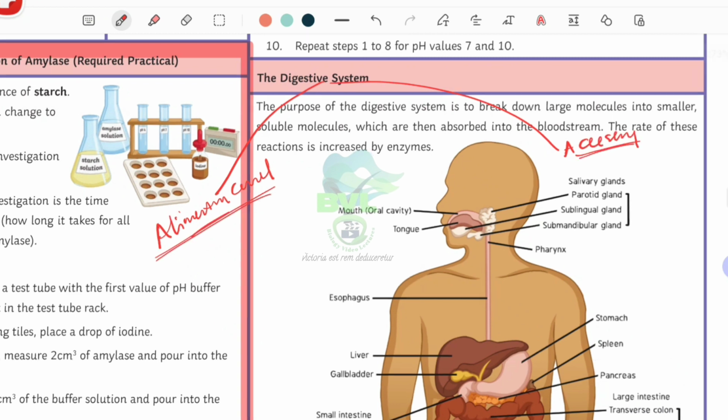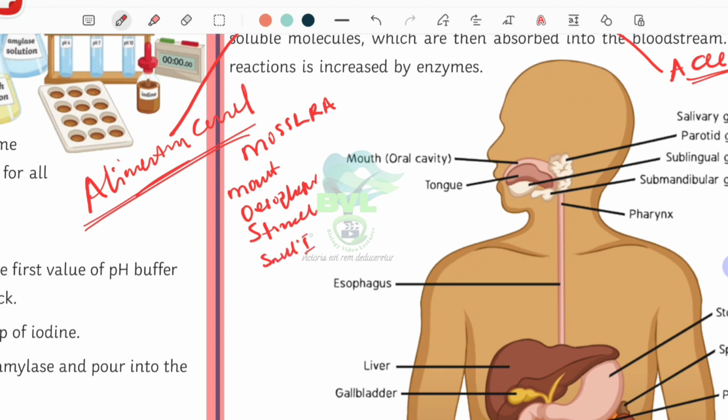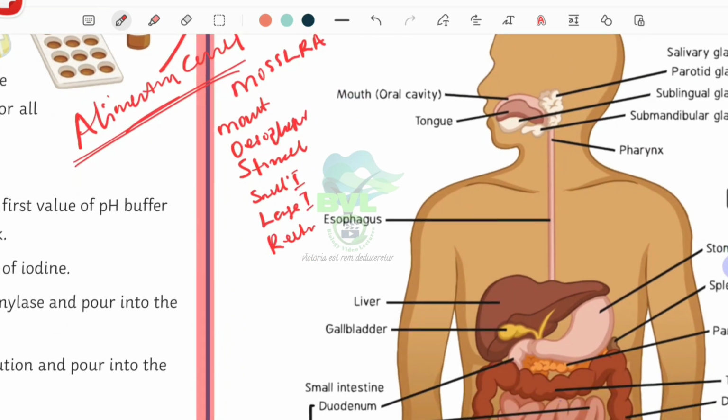So under this alimentary canal, we have the following structures, which I've given an acronym called MOS, LRA. The M is the mouth, the O is the esophagus, the S is the stomach, the second S is the small intestine, the L is the large intestine, and the R is the rectum, and the A is the anus.